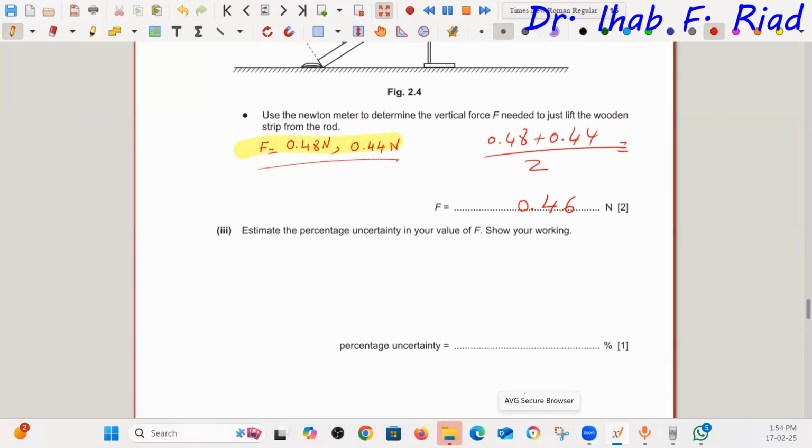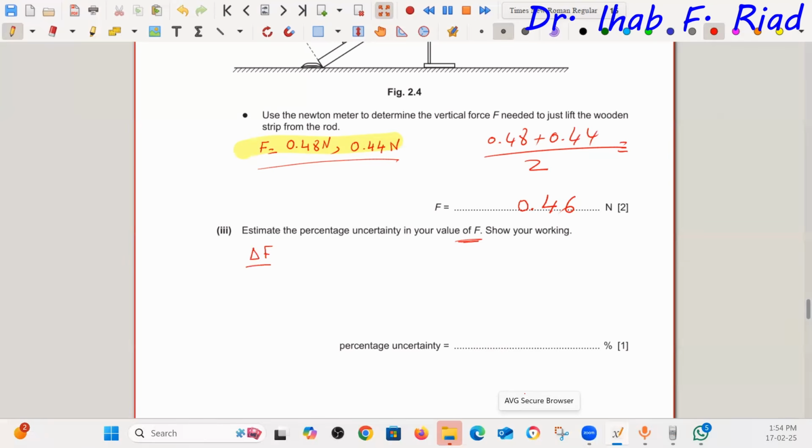He is telling us to estimate the percentage uncertainty in our value of F. Show your working. So how can we calculate the percentage uncertainty? It is the uncertainty divided by the number, multiplied by 100.